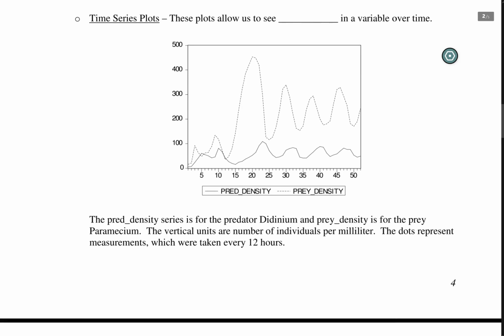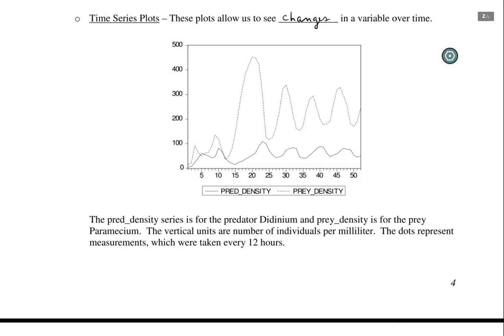Another kind of graph we're going to consider for quantitative data is a time series plot. Basically these plots allow us to see changes in a variable over time. So here's some real data. It's actually two time series plots.